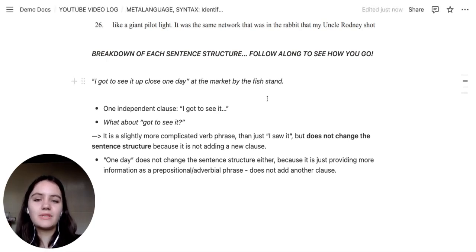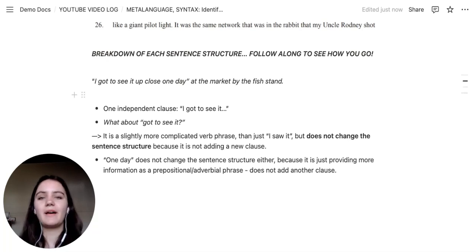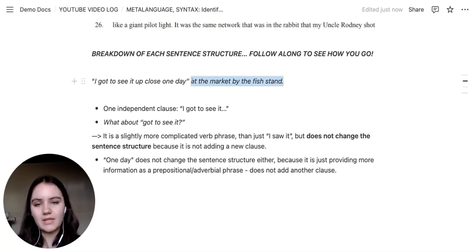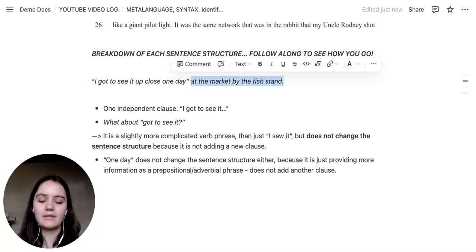And these are all just prepositional phrases that tell you where it's occurring, at the market, by the stand, but you're still only getting one clause because we're not actually adding a new clause when we add all of this information. Any noun phrase, any prepositional phrase, it's not adding a new clause. So just be mindful that length does not always contradict a simple sentence.